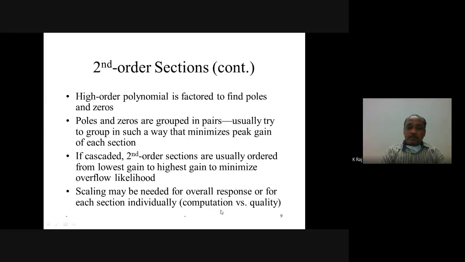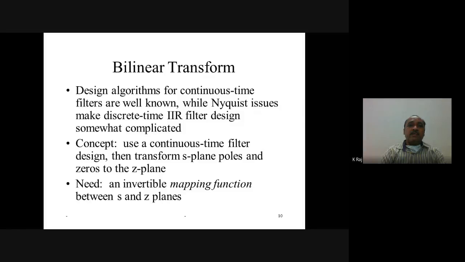This scaling is used for the tradeoff of the computation versus the quality here, because the more complex the computation is, the better the quality will be. But during the time of designing, we will try to make the computation simple here. So for the computation versus quality purposes, we have to use the scaling here.